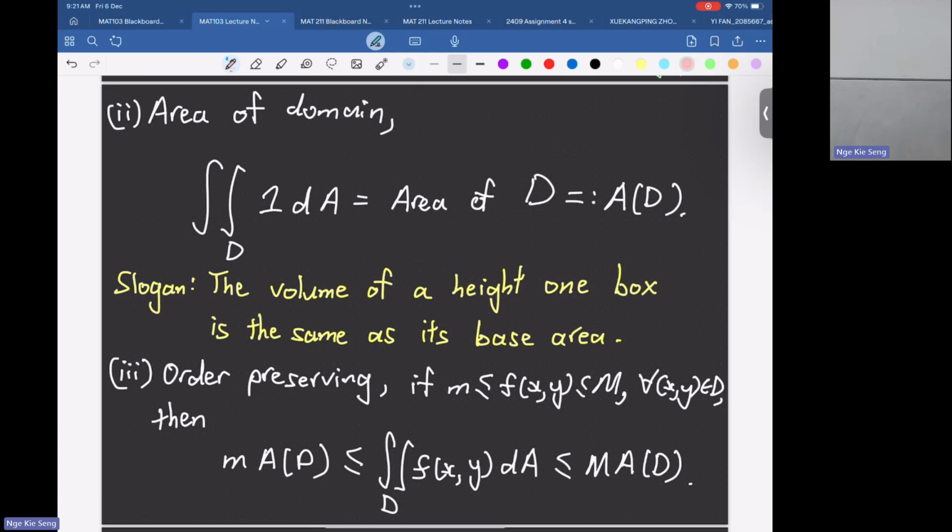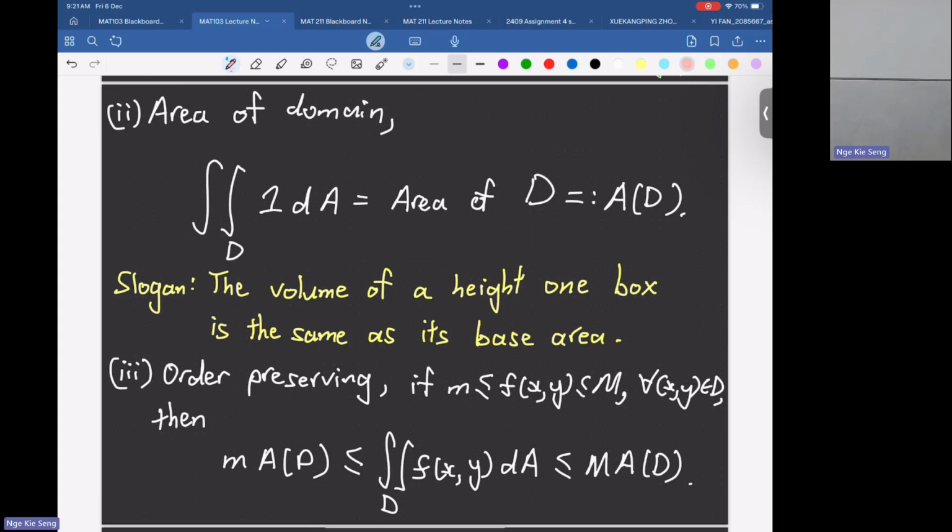Because the area of your domain is equal to the volume of your domain with height 1. Remember? So the cross-sectional area of your box is the same as the volume of that box with height 1, because area times height is your volume. So if you integrate the constant function 1, 1 is your height.